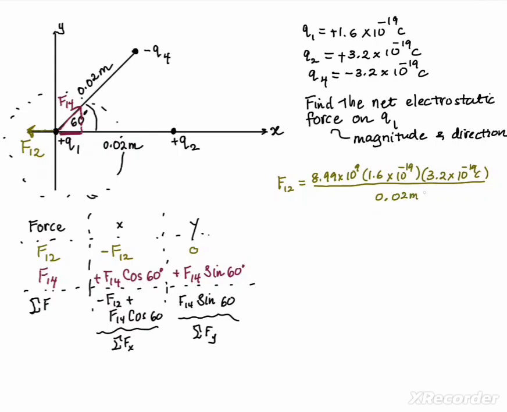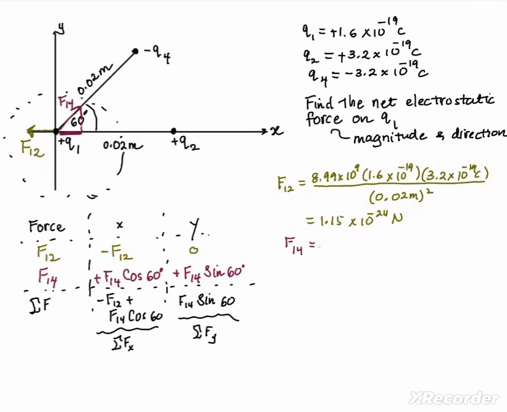So this is 0.02 squared, and this gives us 1.15 times 10 to the negative 24 newtons. It's a force, so it is in newtons.